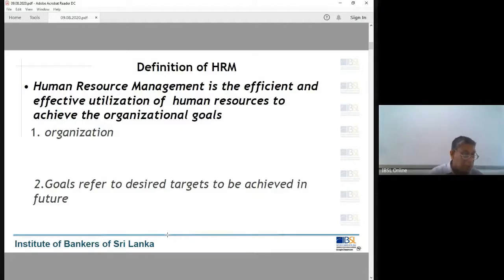An organization is a social and economic activity. Two things, so you can write: an organization is an economic and social entity.